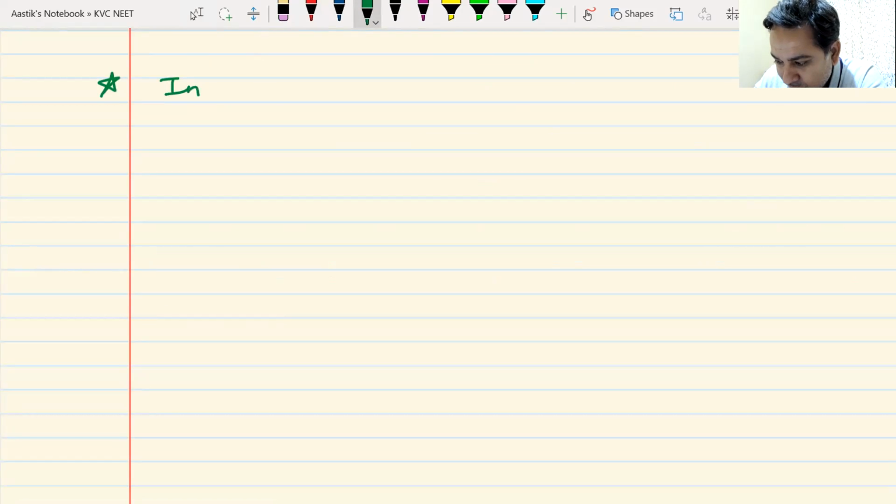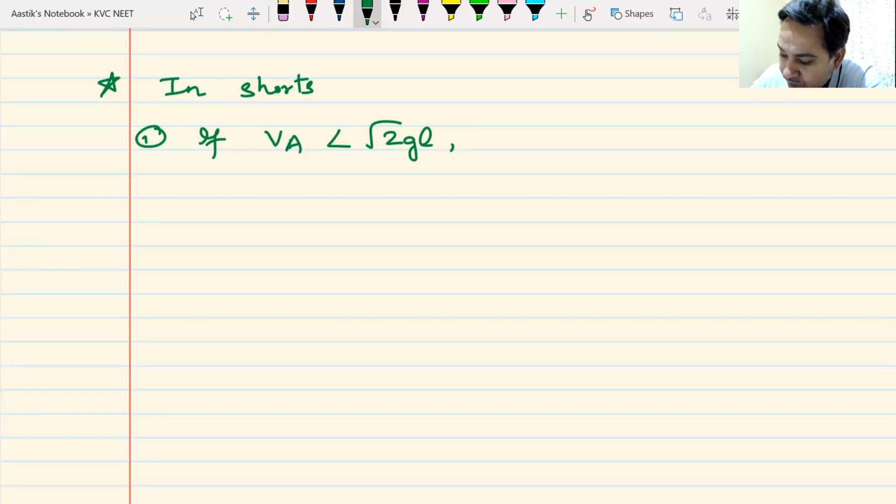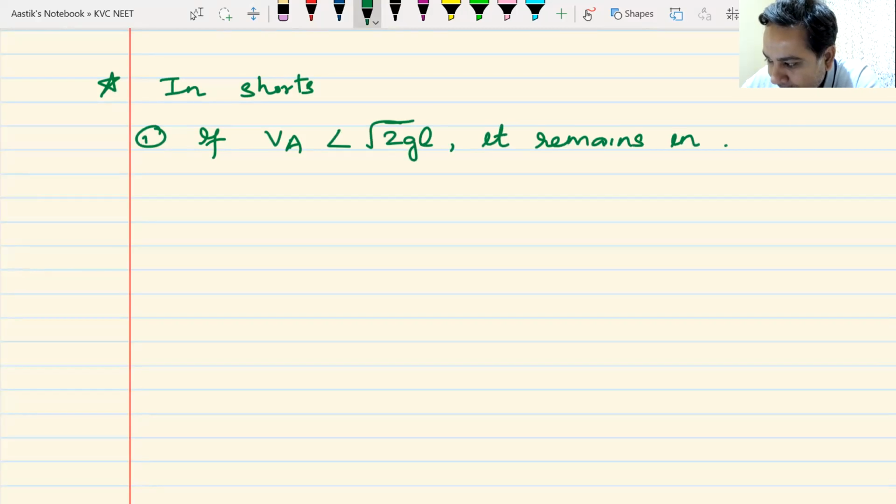In short, point number 1: the speed at point A is less than root 2 GL. It remains in the lower half. Speed will become 0.